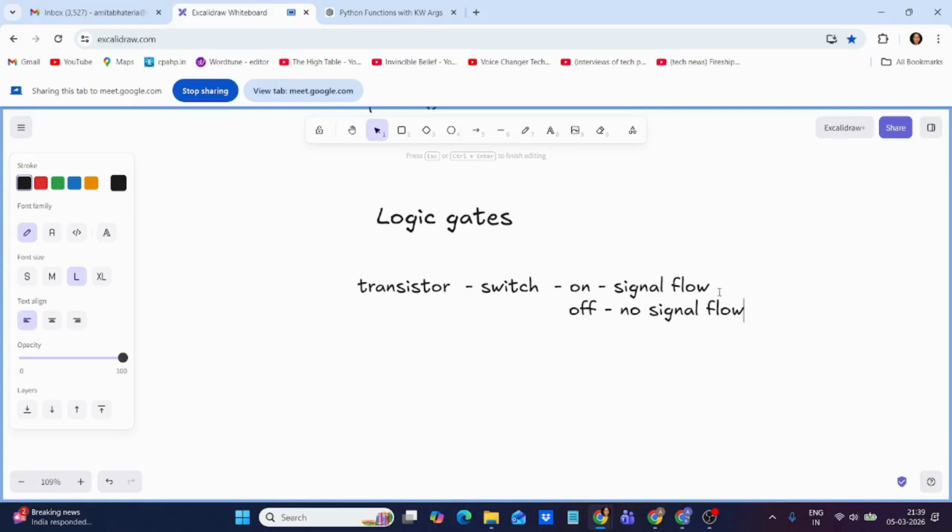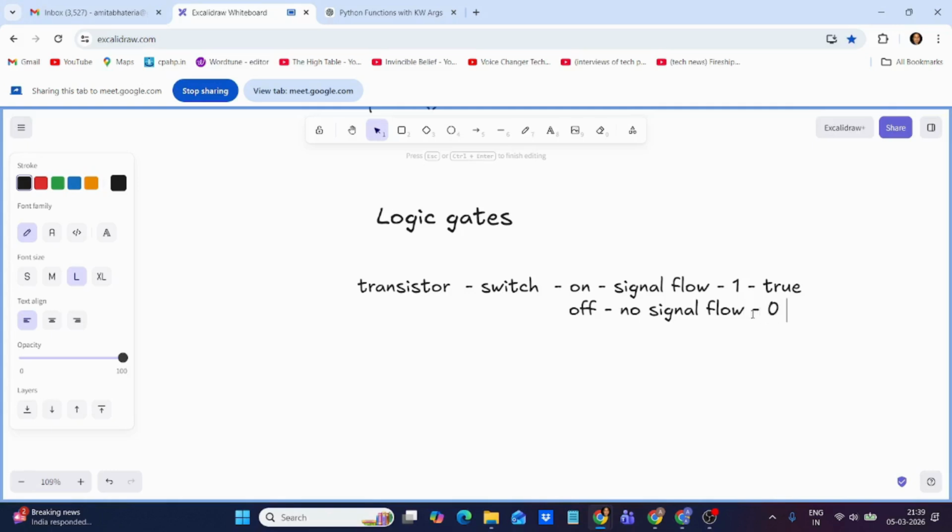What other thing can we represent as a signal flow? One, as true, right? And what can we represent no signal flow with?